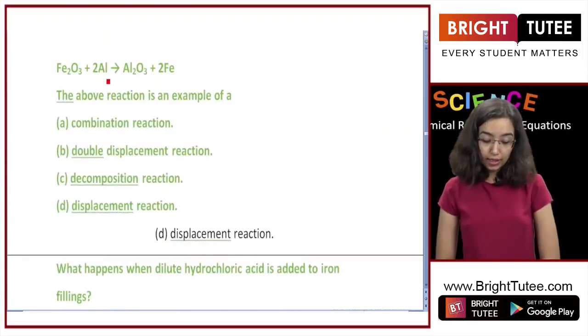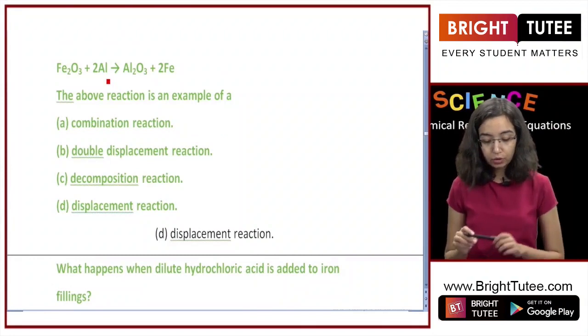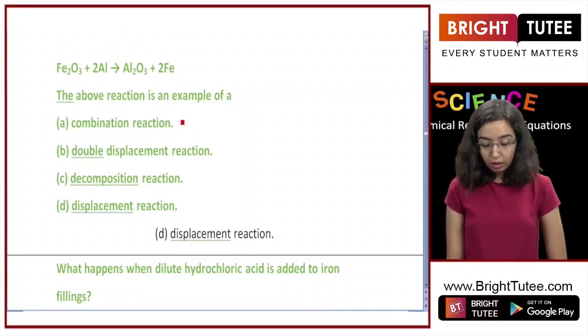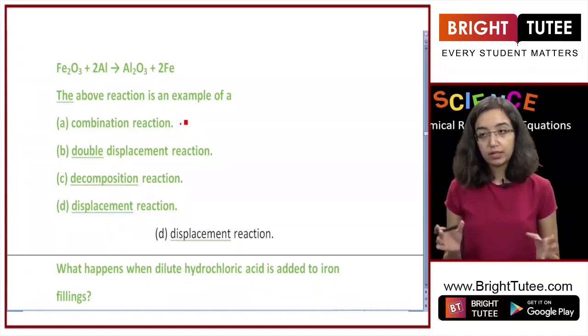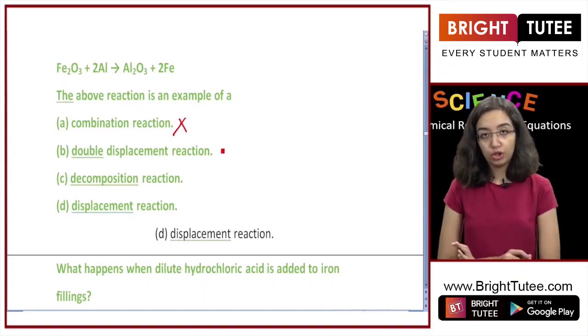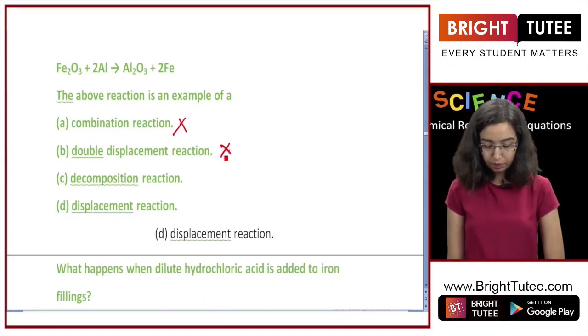The next question says Fe2O3 plus Al forms Al2O3 plus Fe. What kind of reaction is this? For a reaction to be combination, two substances have to combine to form one, which is not happening here. For a double displacement reaction, there has to be an exchange of ions, which is not happening here.